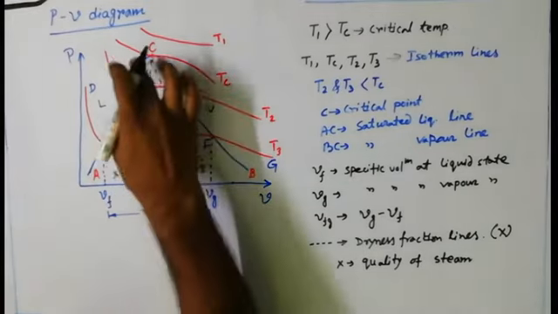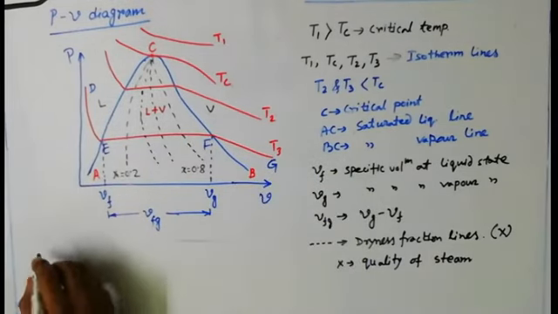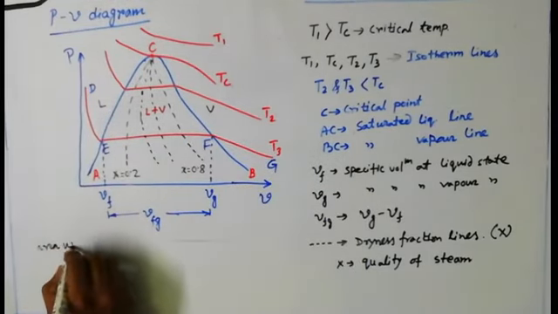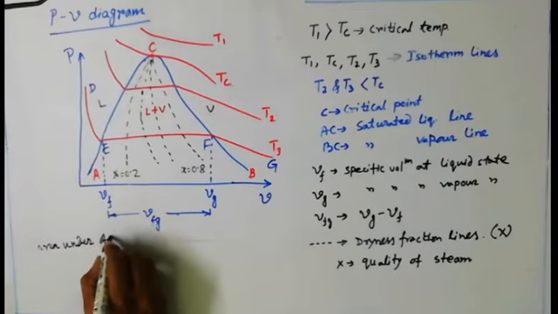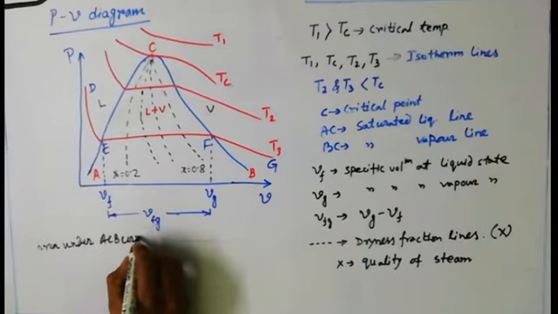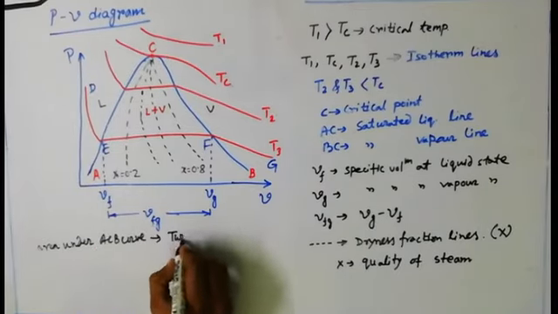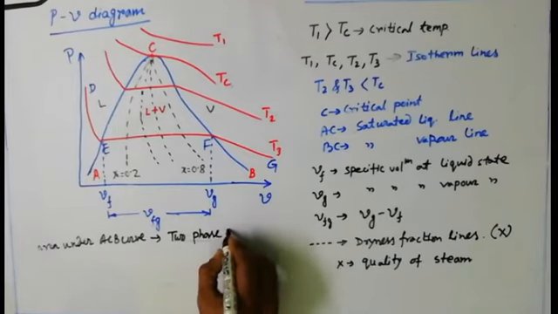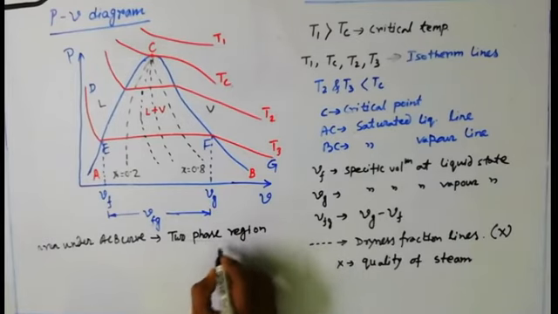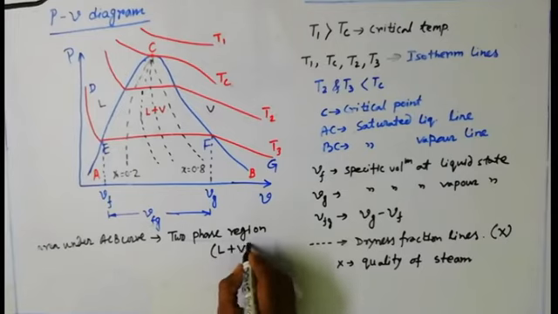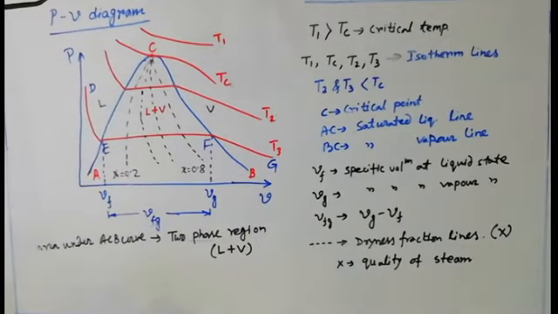Now, the area under this particular curve ACB, that is a two-phase region. Two-phase region, that is liquid and vapor. That's why I have written L plus V. Okay.